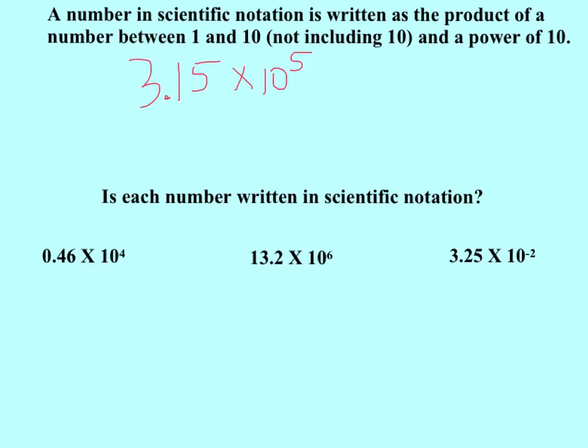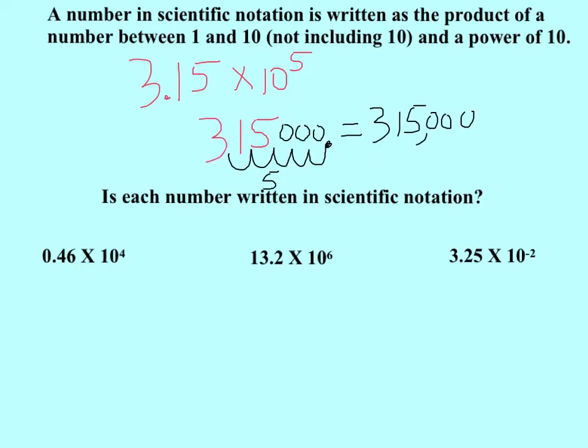So that makes it a product, and we have 10 raised to a power, so 10 with an exponent. This is the scientific representation of 315,000. That's what this really represents.